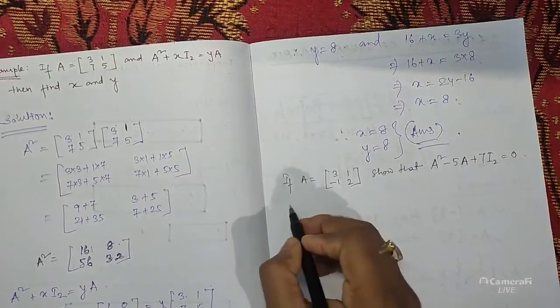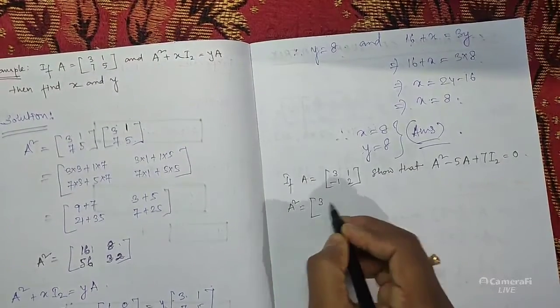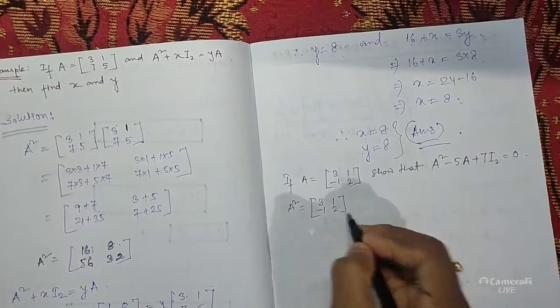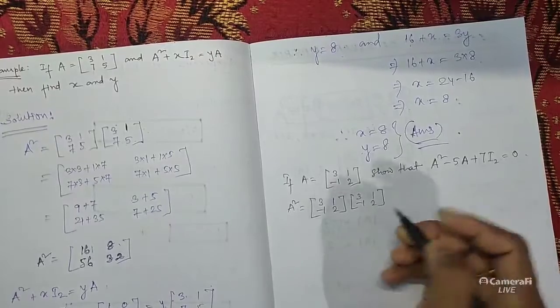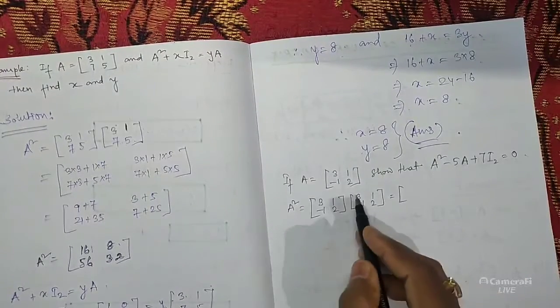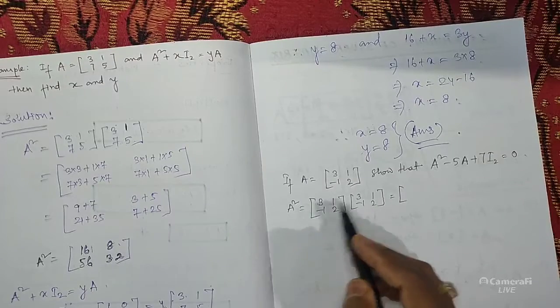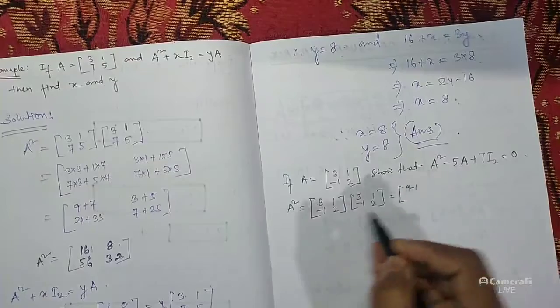Let us check. First we have to find A square. A square equals [3 1; minus 1 2] into [3 1; minus 1 2]. How to multiply: corresponding elements, row into column. So 3 into 3 is 9, minus 1, which gives 8.